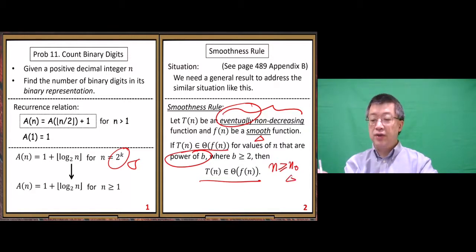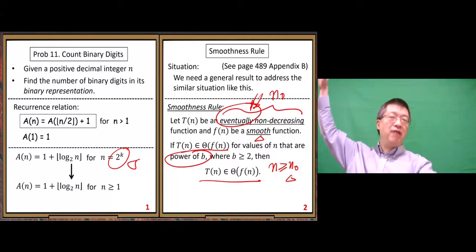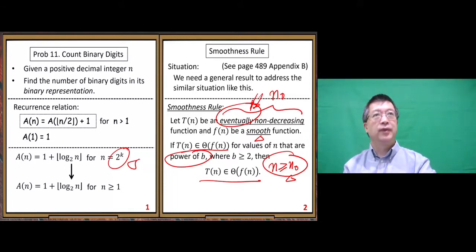Here I use this n0, because eventually means you have some n0. After you pass the n0, then you have that property. So here we have that for n greater or equal to n0. All right. That's the meaning of the smoothness rule.